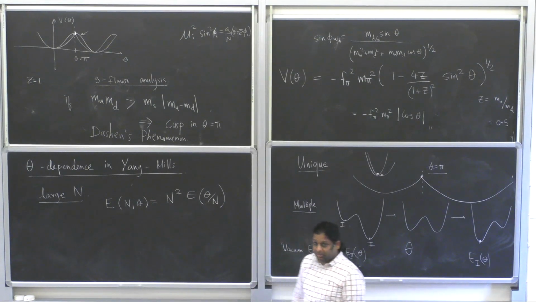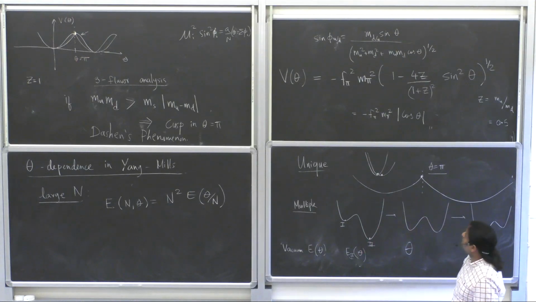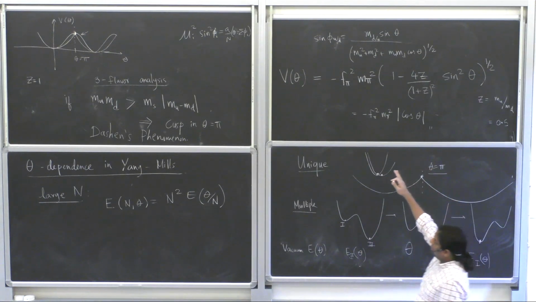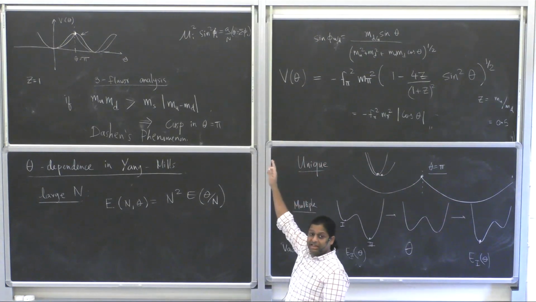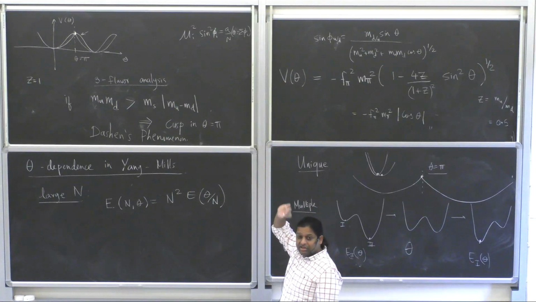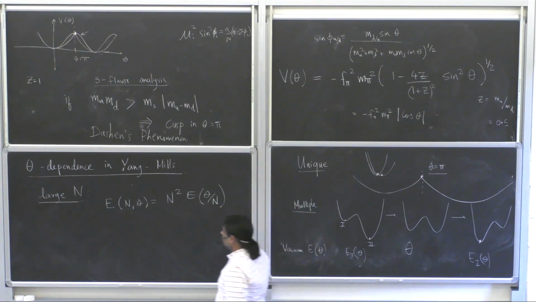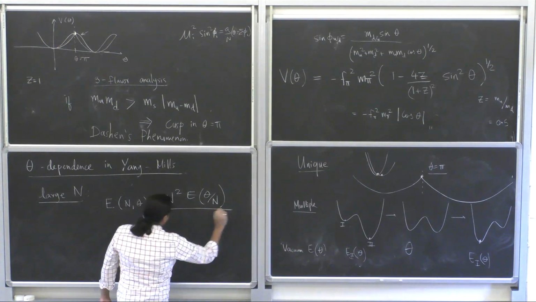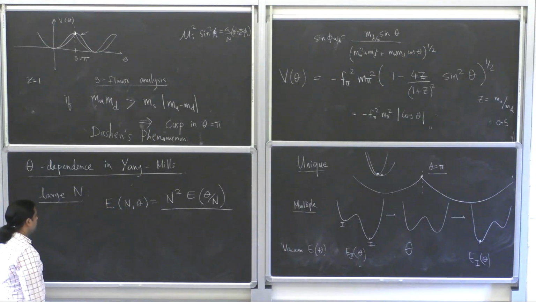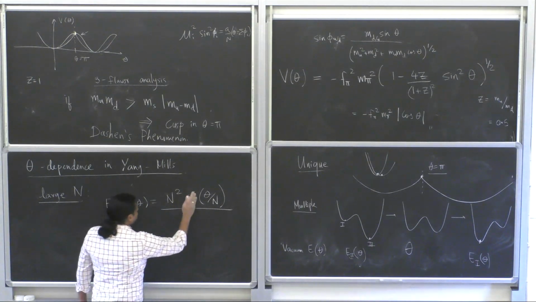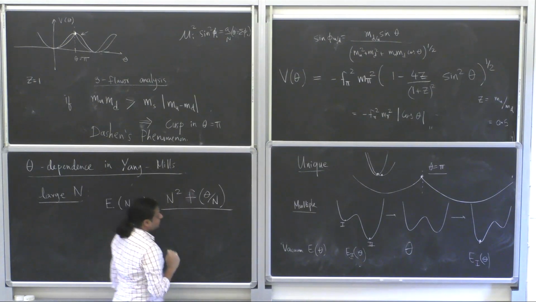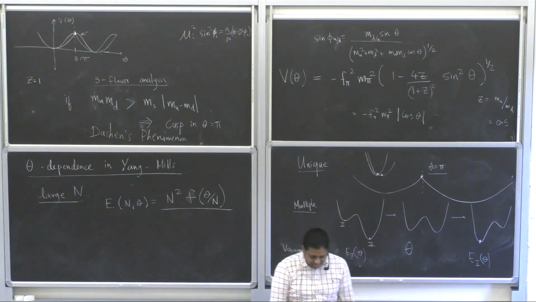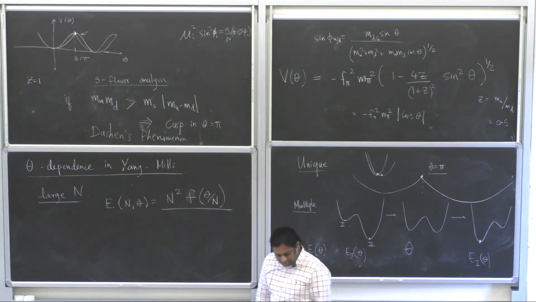And the way theta appears in the Lagrangian is through a 1 over N effect, very similar to the fact that we argued that the anomaly in the Lagrangian was a 1 over N effect. So Witten argues, using large N, that this should be the form of the energy as a function of theta angle. This is some function, the same function.